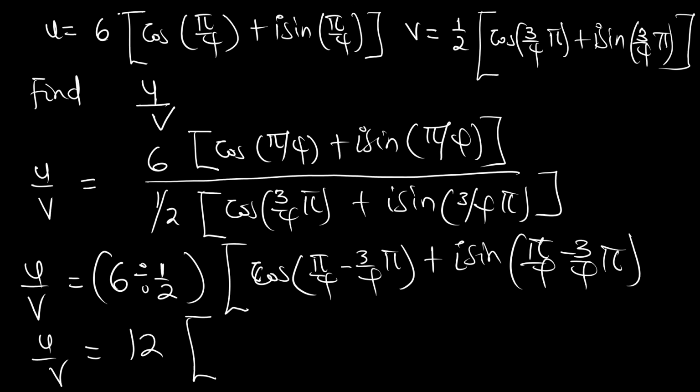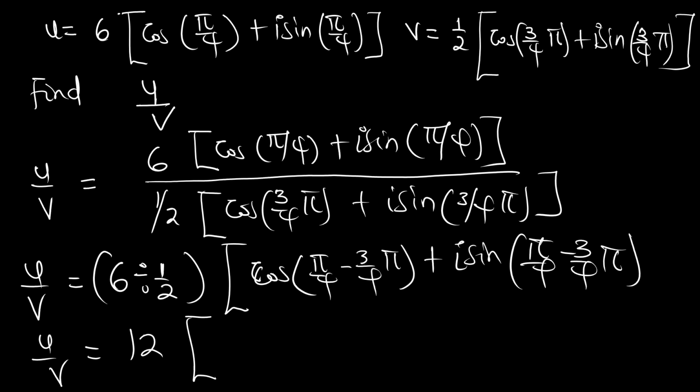Pi over 4 minus 3 over 4 pi is going to give us negative half pi.